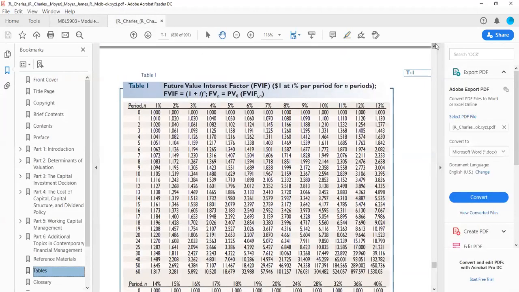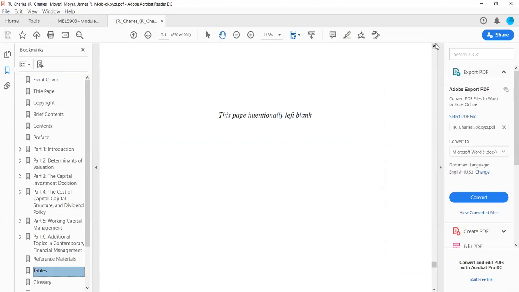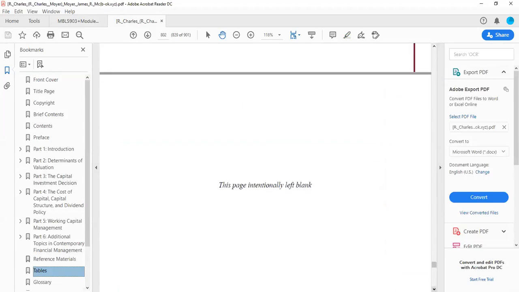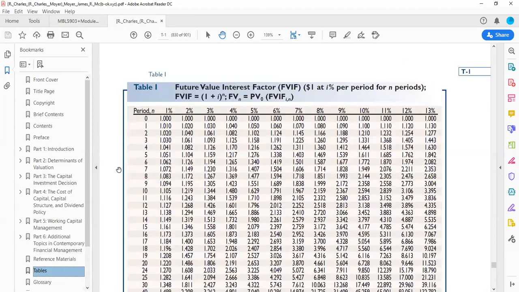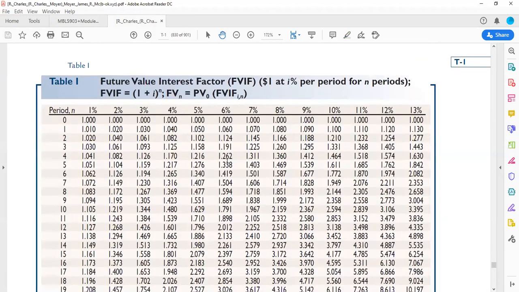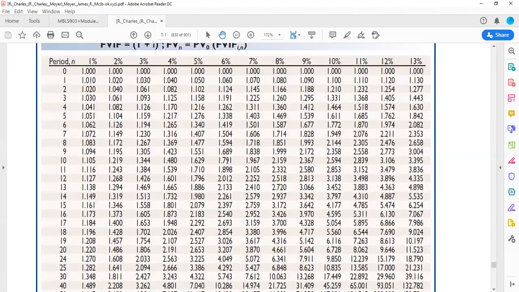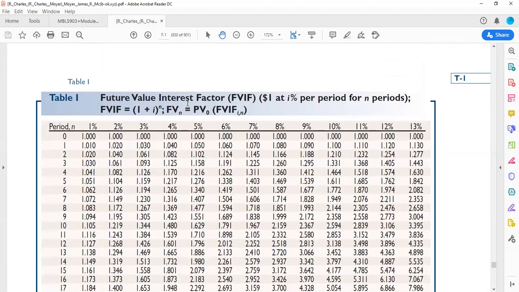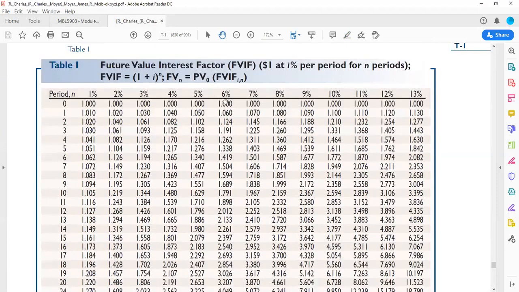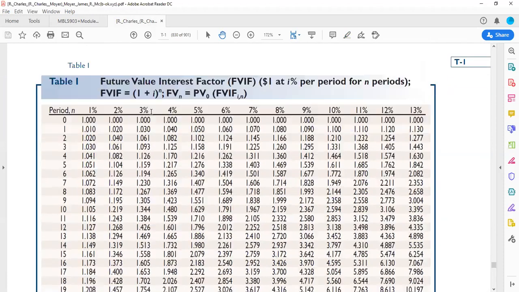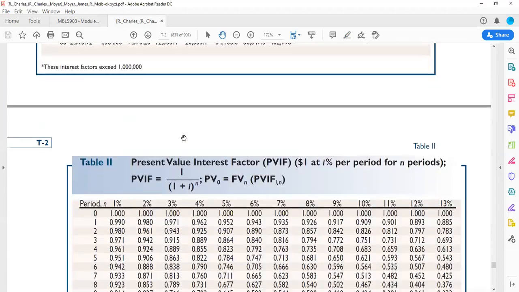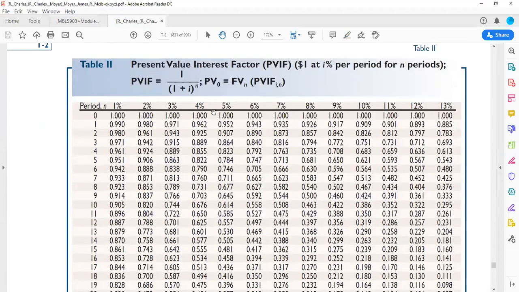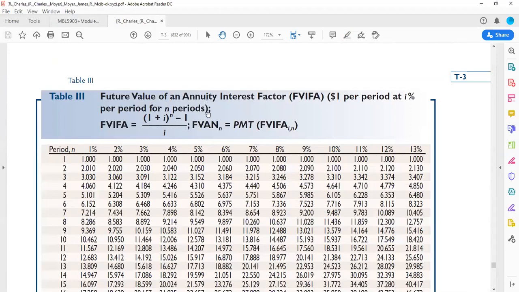These are some of the tables you can use. Usually you'll find them at the back of your textbook, whichever financial management textbook you might be using to help you with your studies. There are tables to help you calculate what we call future values, present values, annuities.